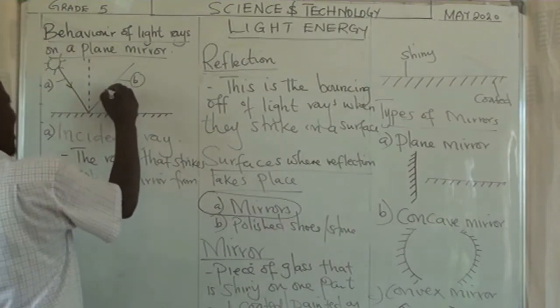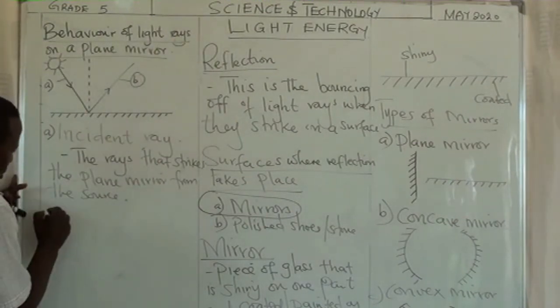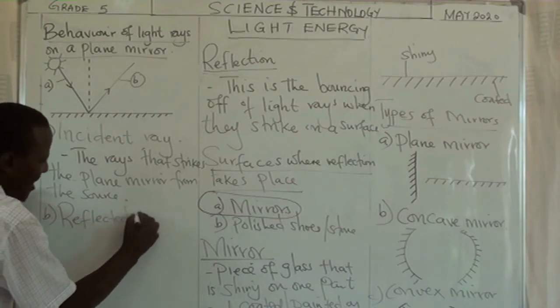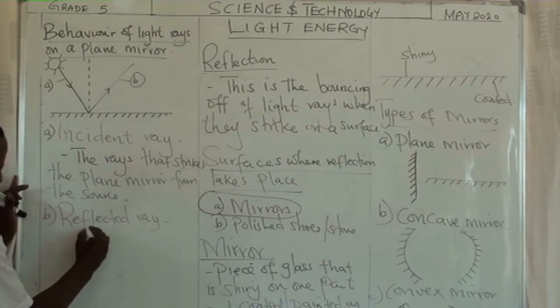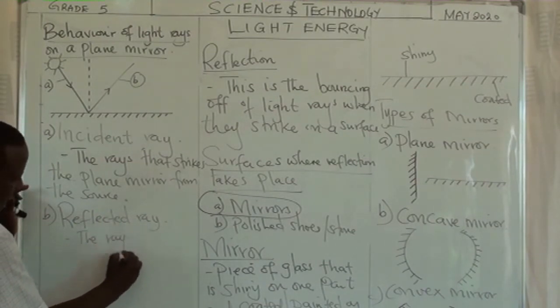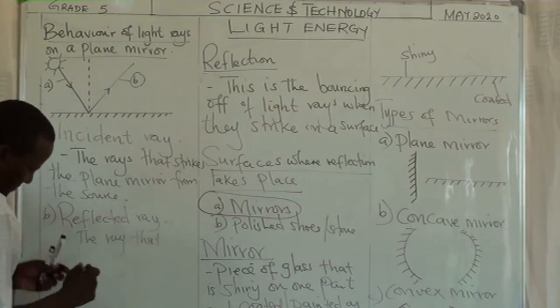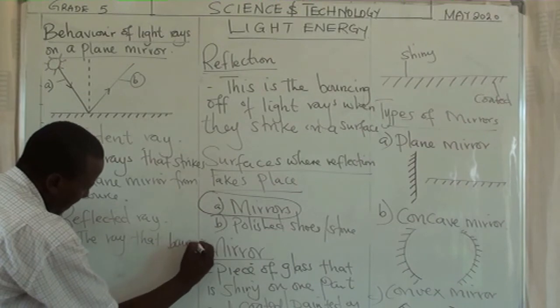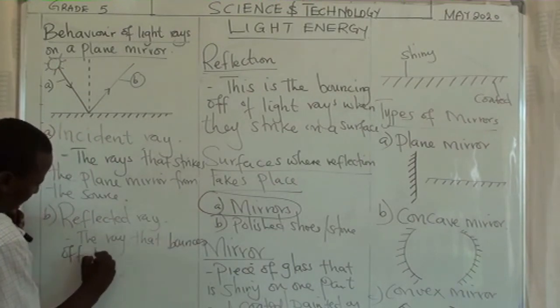When it strikes, we say it is reflected. So, which type of a ray is that? We call it a reflected ray. We say it is the ray that bounces off the plane mirror.